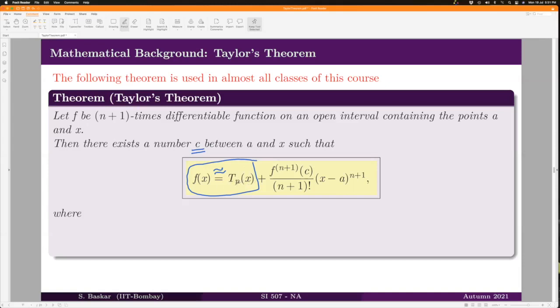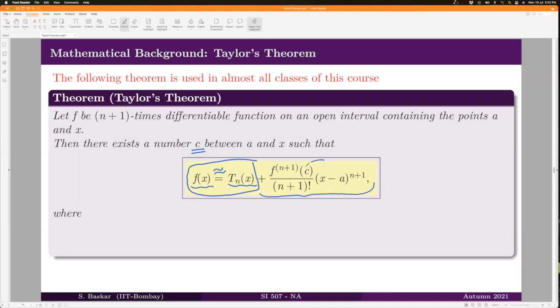So if you just take only Tn of x, you can only say that f of x is approximately equal to, but then what you are missing, that is, when I want to work with Tn of x instead of f of x, what is it that I will be missing? That missing term is precisely given by this expression.